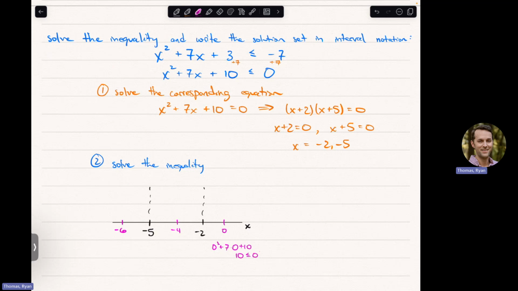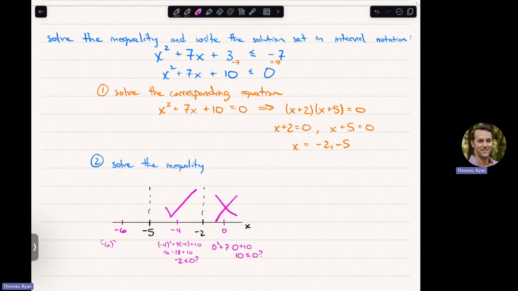The question is, is 10 less than 0? The answer is no. Now -4. So 16 minus 28 plus 10 is -2. Is -2 less than or equal to 0? The answer is yes.